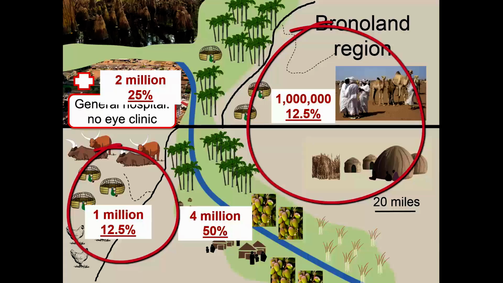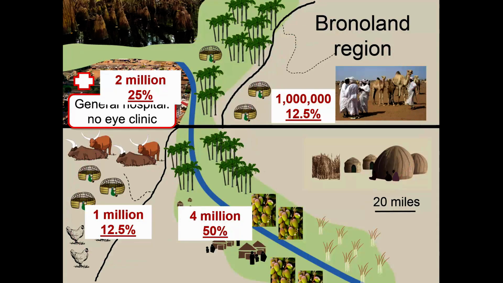So this means that the sample you examine should have, let's say it's 8,000 people you decide to examine, a quarter or 2,000 should come from this urban area, half should come from this arable area, and then the remaining 1 in 8 should come from, or quarter altogether, should come from these two areas here.